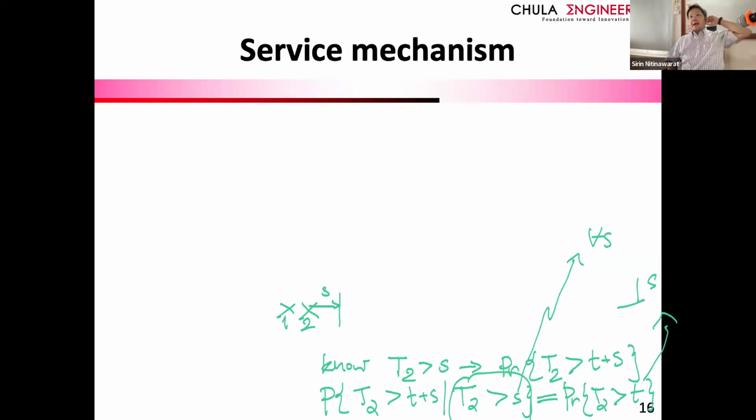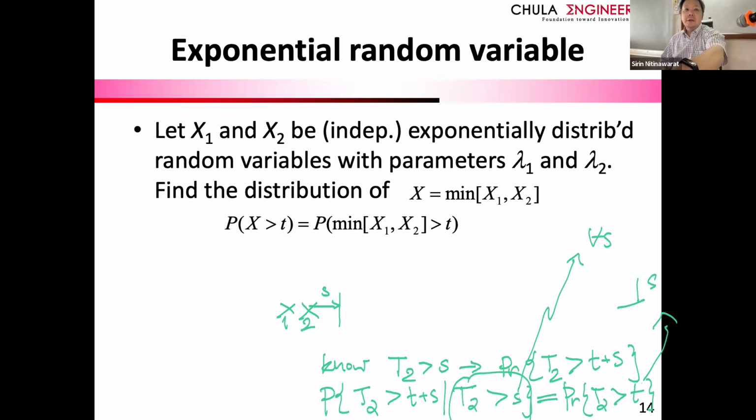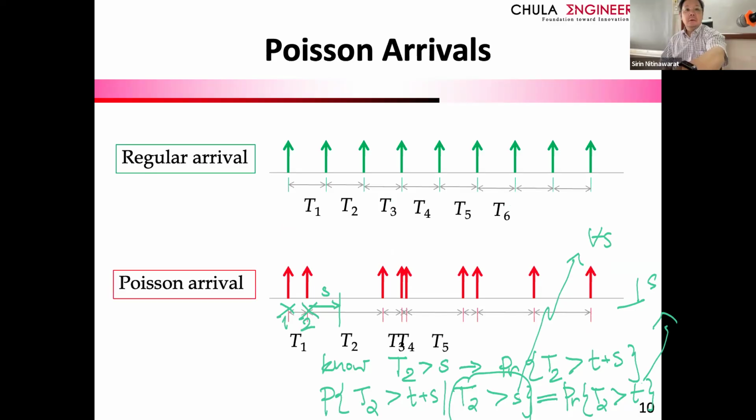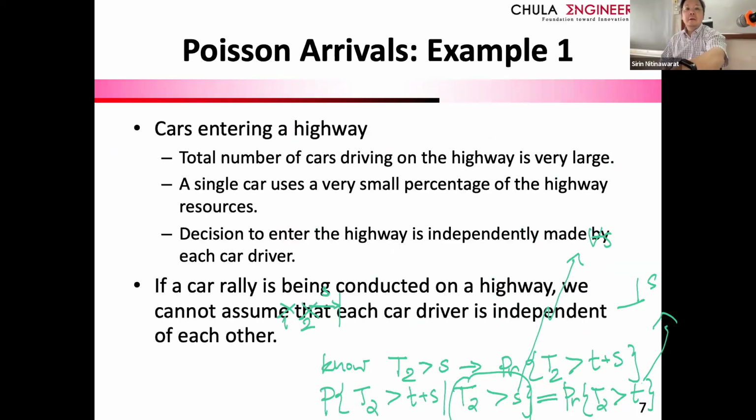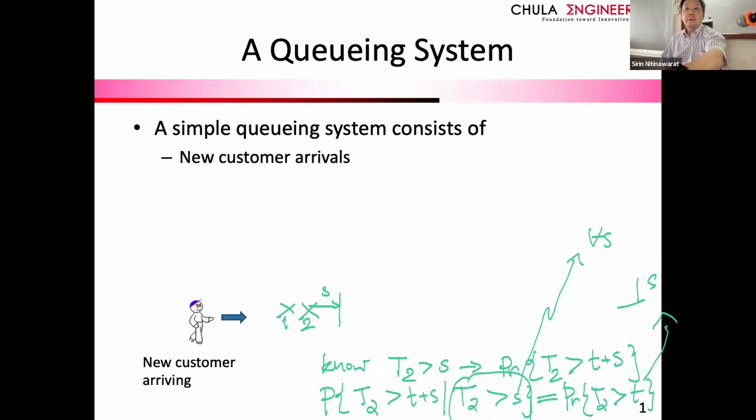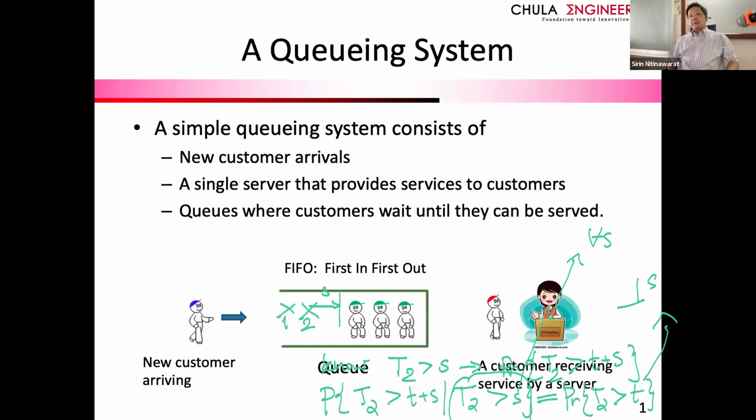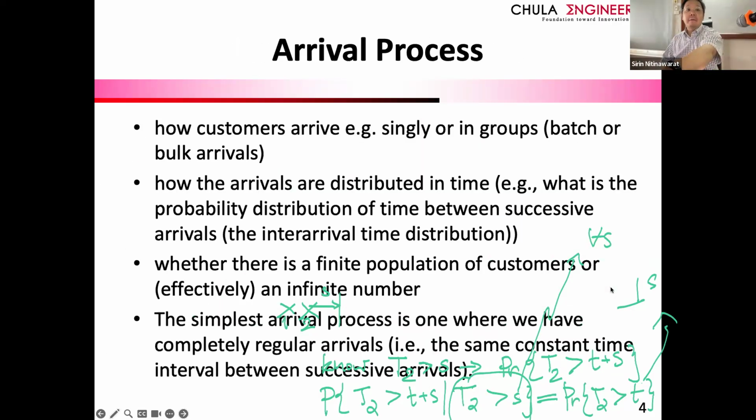Okay, so that completes our discussion of the arrival process, which you may recall is only the first element of the queuing system. What are the other two elements of the queuing system? They are the queue and the way each customer is being serviced. So let's talk about the latter one first.